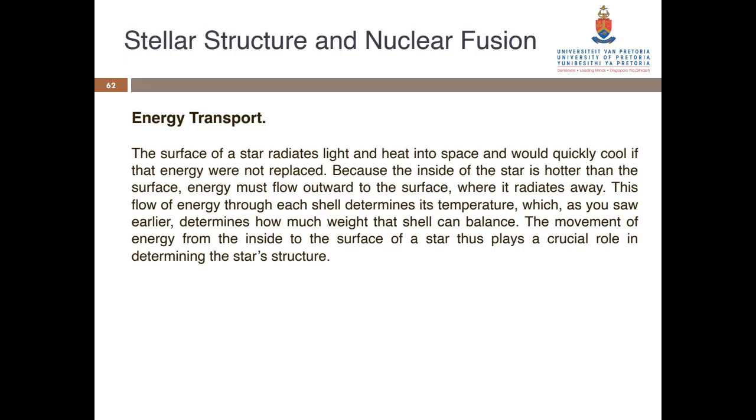This flow of energy through each shell determines its temperature, which, as you saw earlier, determines how much weight that shell can balance. The movement of energy from the inside to the surface of a star thus plays a crucial role in determining the star's structure.